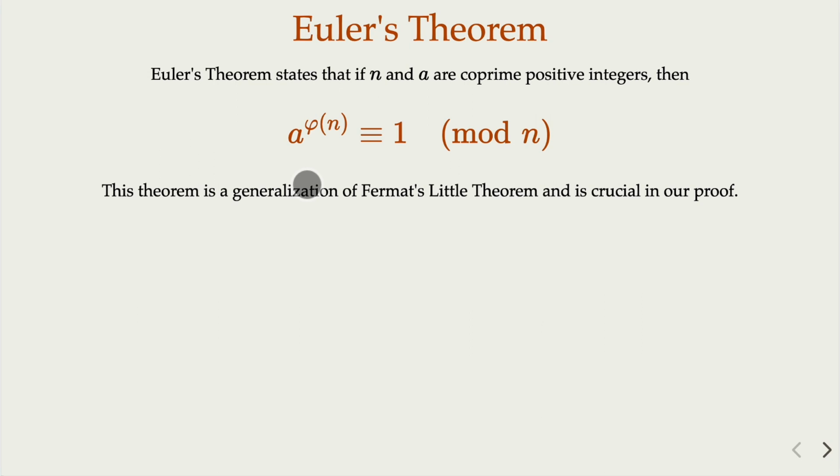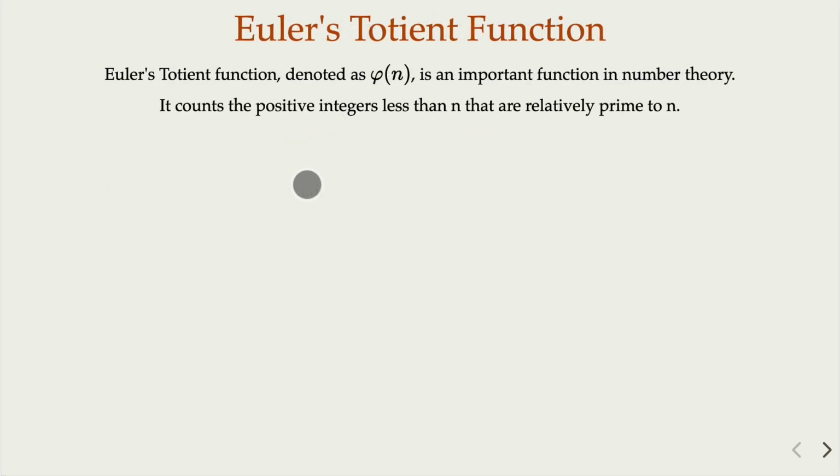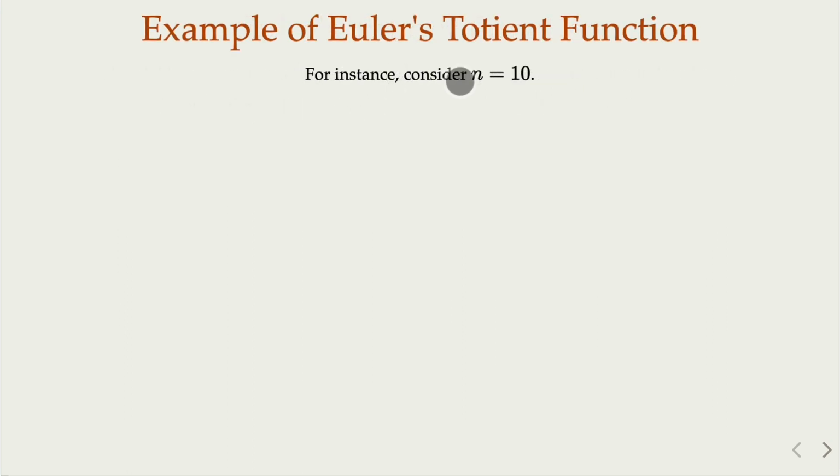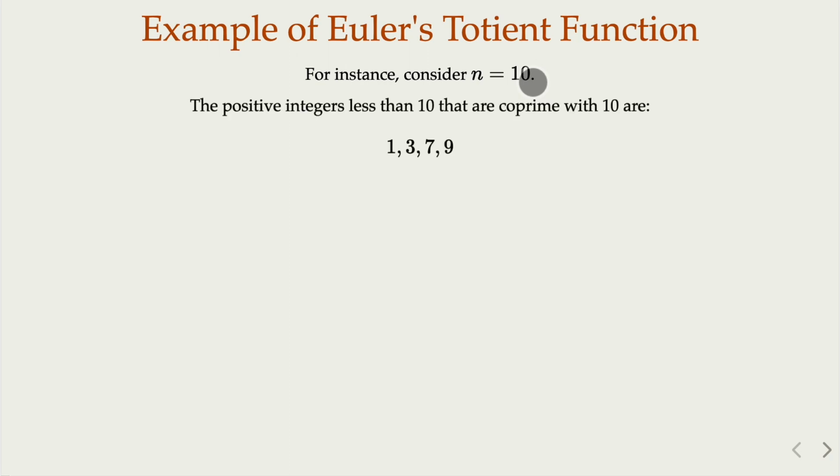All right, so what is the phi function, or Euler's Totient Function? For a given integer n, it counts the number of integers less than n that are relatively prime to n. For example, for n equal to 10, among the integers from 1 through 9, we have 1, 3, 7, 9 that are relatively prime.